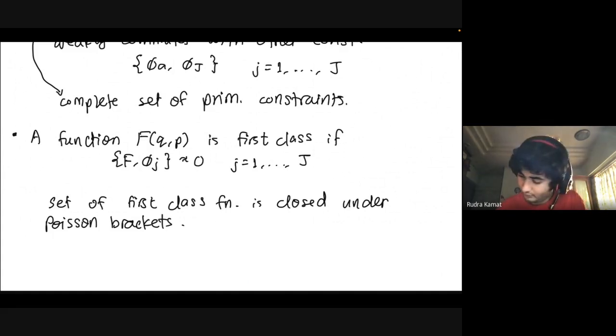And that means H sub P, the phase space Hamiltonian, is first class just by the definition and the equations of time evolution that we had in the reduced phase space gamma sub p.